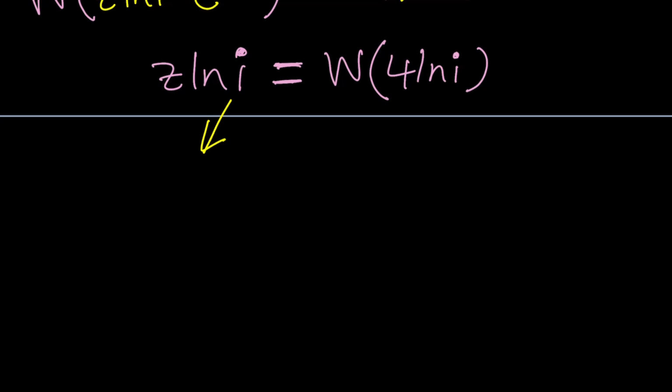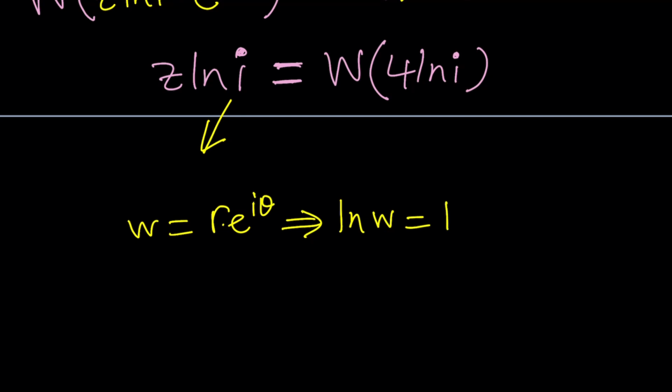Well, the log of a complex number in general is defined as follows. If z can be written as, or I should probably use a w because z is already there, if w can be written as r e to the i theta, theta being the argument and r being the modulus, then the logarithm of w can be written as the logarithm of the absolute value of w, which is ln r, plus i times theta.